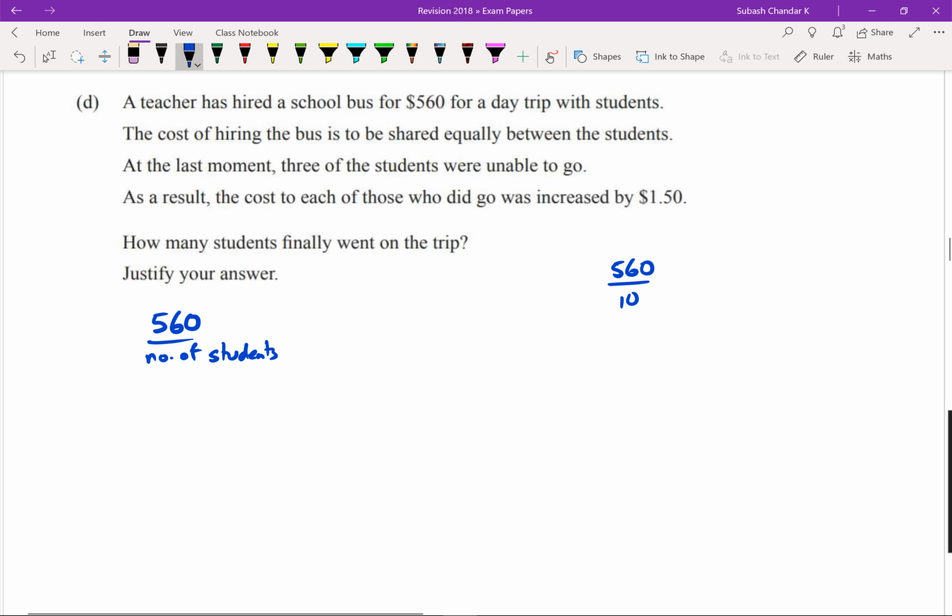If 10 students are going, then your ticket price is going to be 560 divided by 10, so it's $56 each. And on the other hand, if you have only 7 people going, then your average price has now gone up to $80.